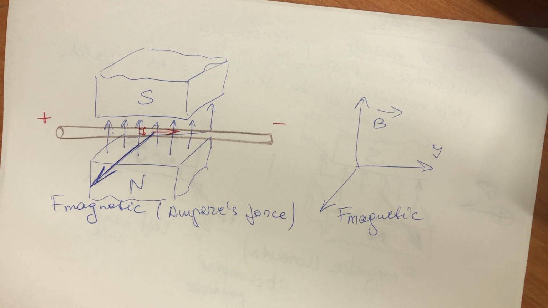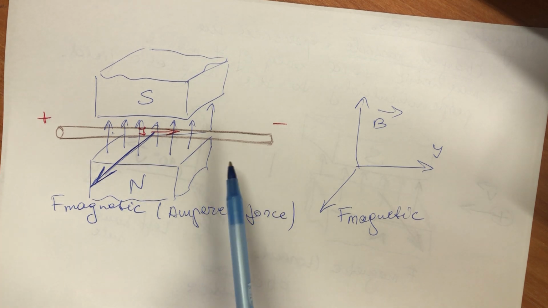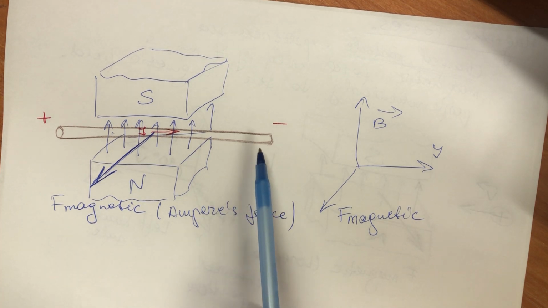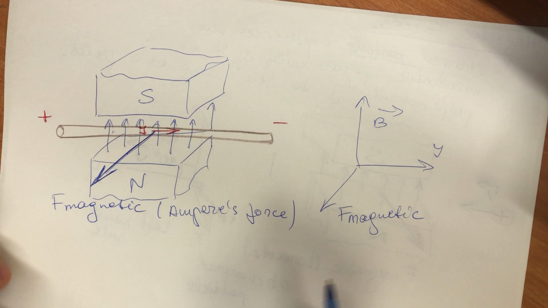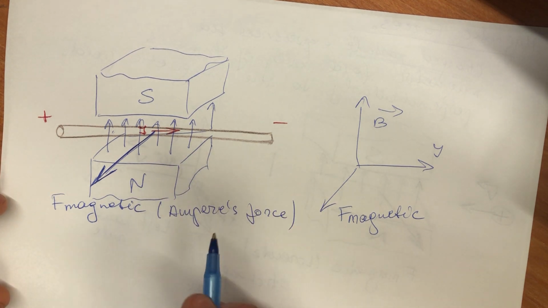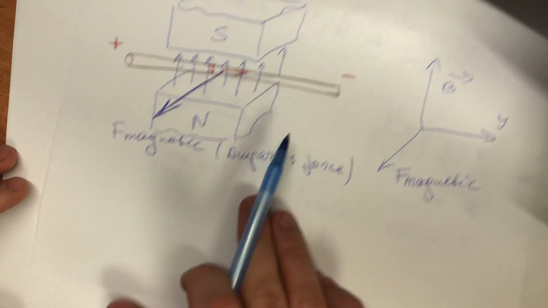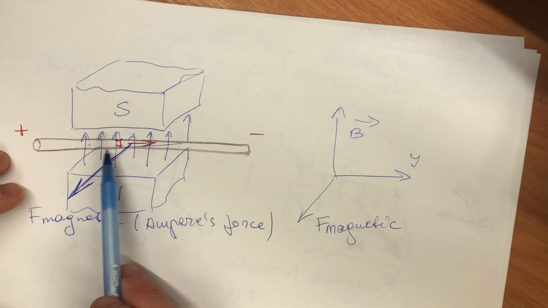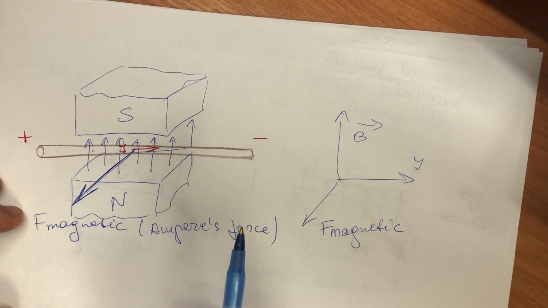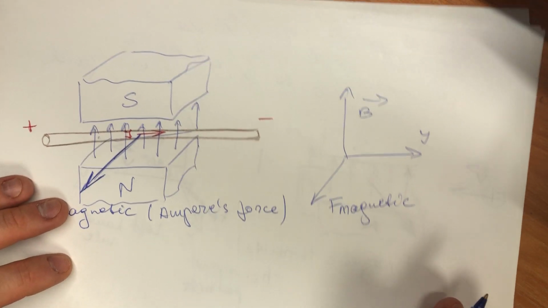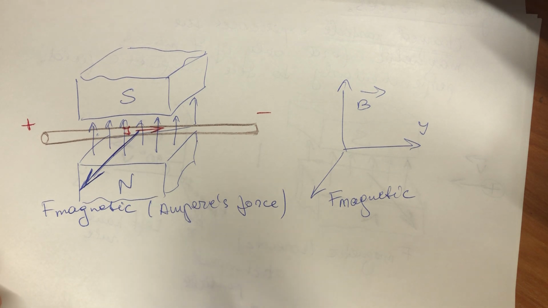Now, this magnetic force that we're speaking about, on a charged particle or a wire in a magnetic field, it is, let's say, the same, just the forces are called by different names.